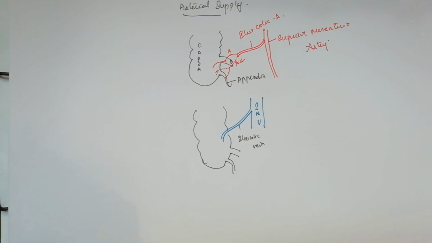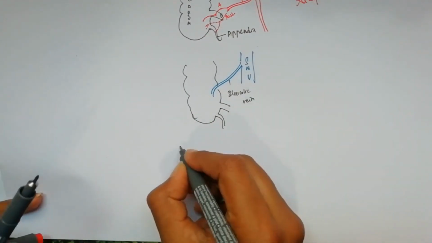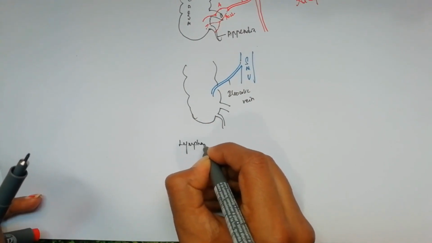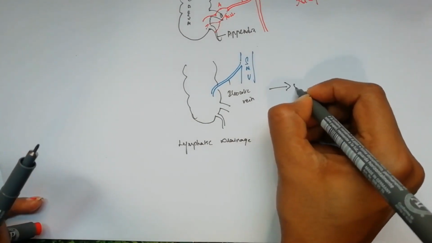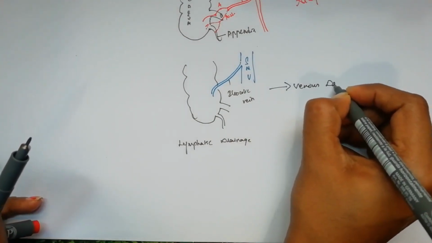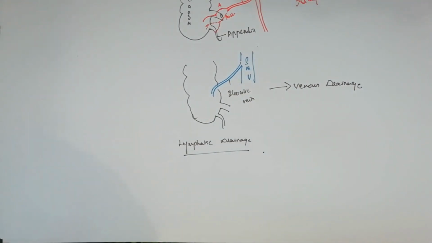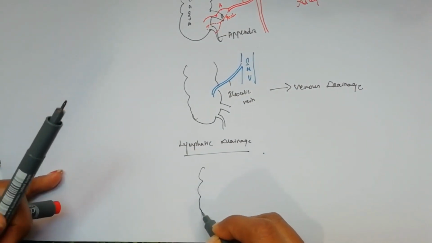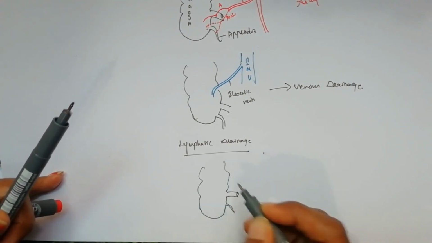So this is venous drainage. Now talking about lymphatic drainage, it is very simple, same like the other things. We have the appendix, ileum.